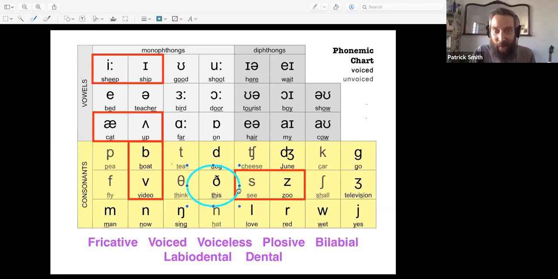They don't have this symbol in French phonology. So for that reason, they use a Z because it's the closest kind of substitute that they can find. But if you want to speak with the correct accent, you need to put your tongue a little bit out and you need to voice it and say this, this.